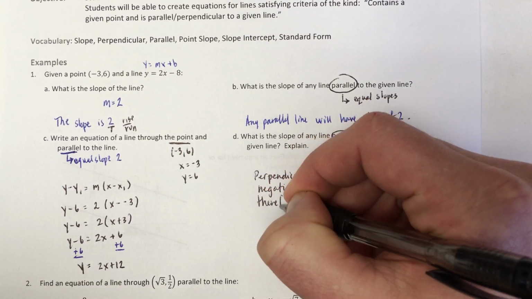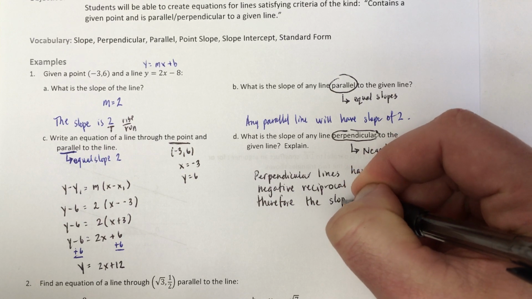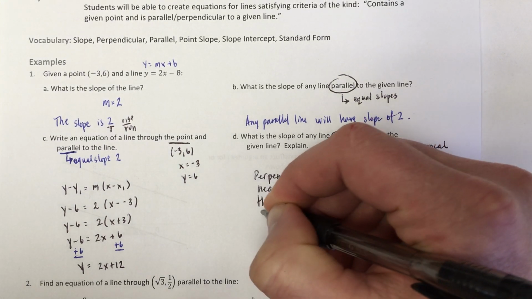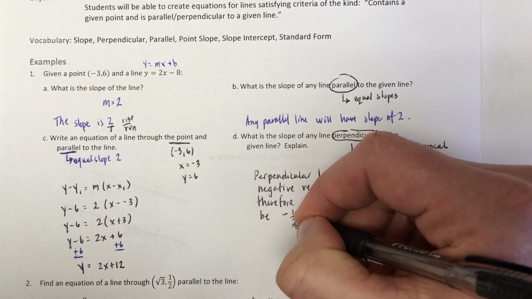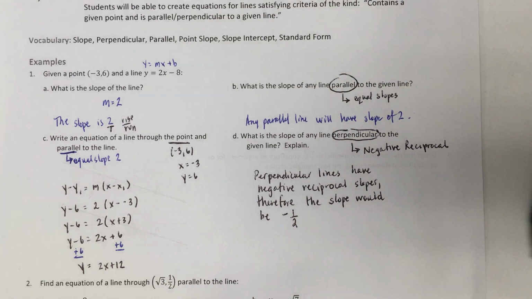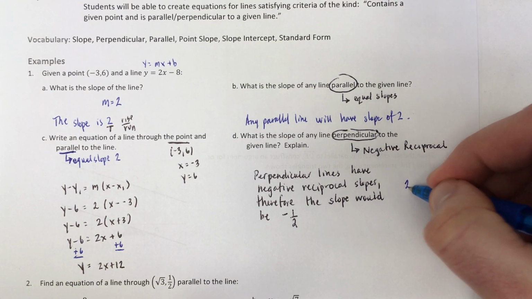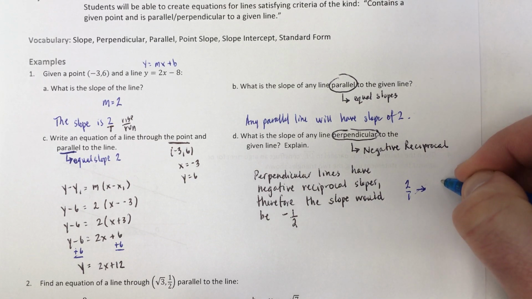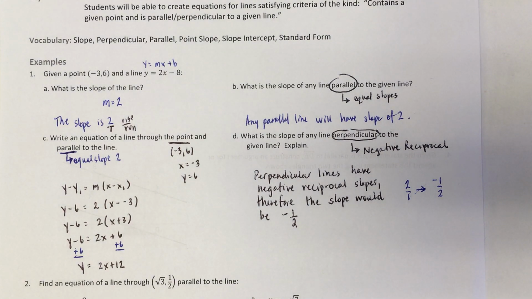Therefore, the slope would be -1/2. And that stems from taking the 2 over 1, and its reciprocal would be 1 over 2, and then negating it.